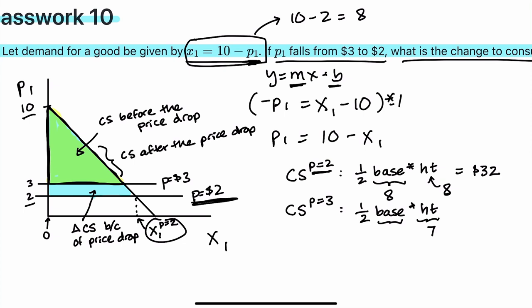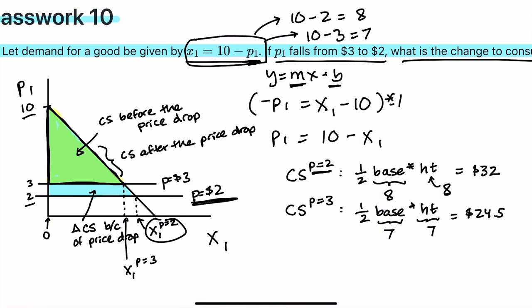Then the base goes from 0 to x1 when the price is 3. Putting 3 into this equation, I get 10 minus 3 is 7. So 1/2 of 7 times 7, half of 49, is 24.5. And then let's use a calculator to find the difference.